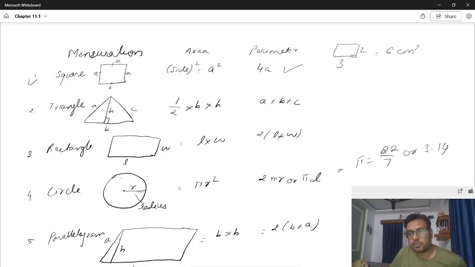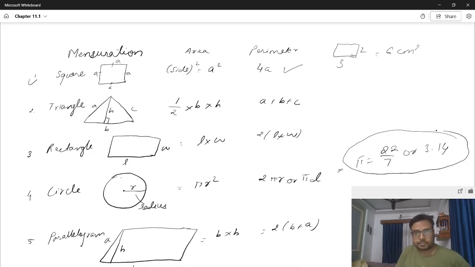You have to use it according to the situation of the question, whatever the question demands. While solving you come to know whether it requires 22 by 7 or 3.14. The perimeter of a circle is also called the circumference of the circle.